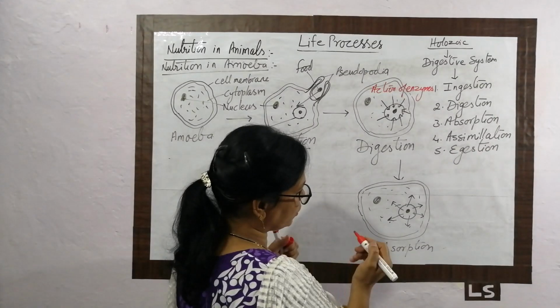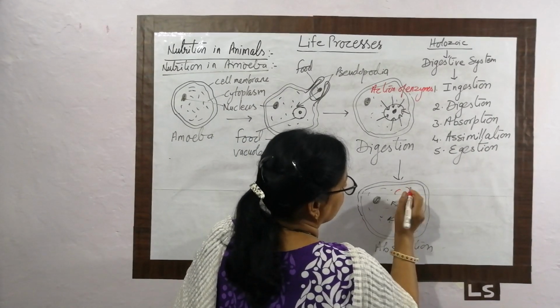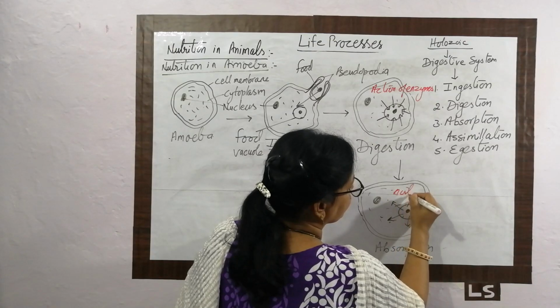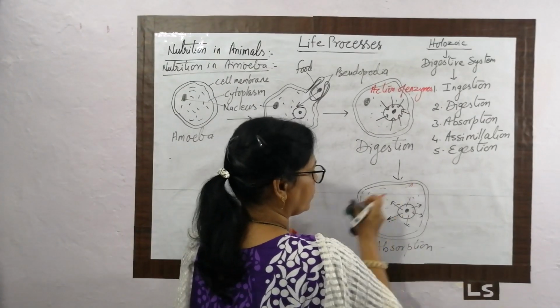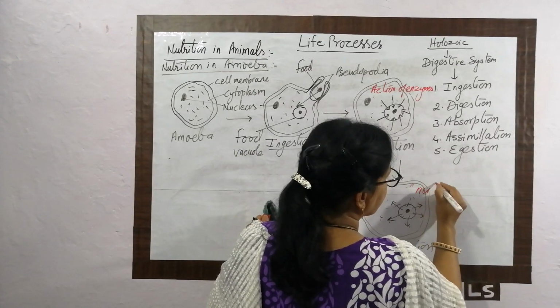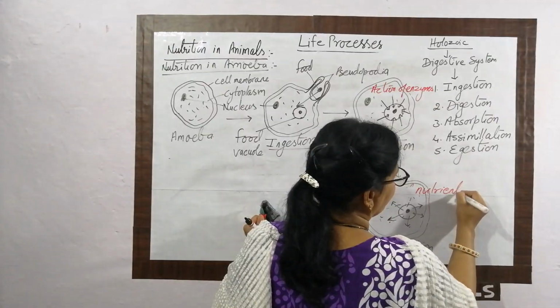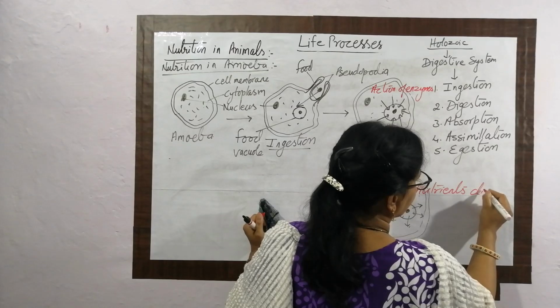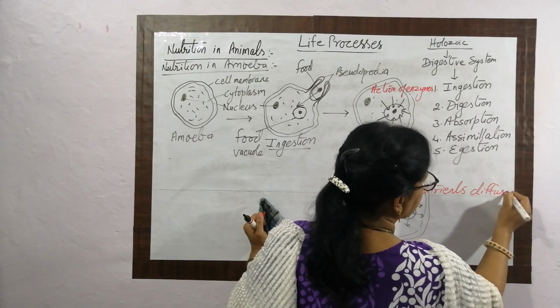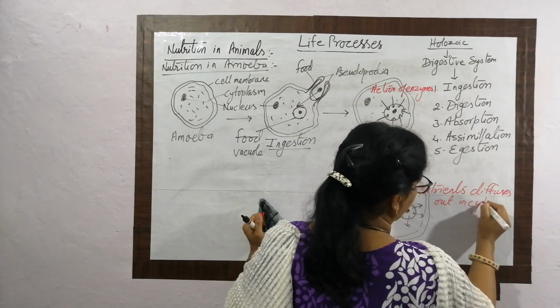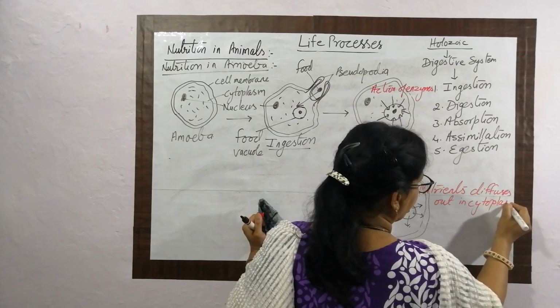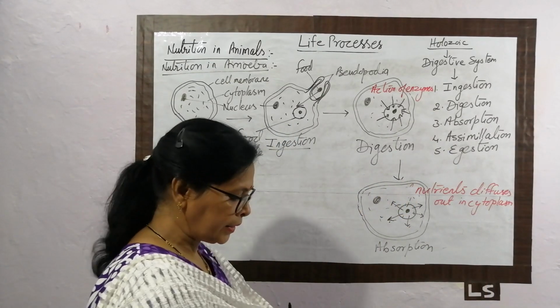So, what is the process going on? Nutrients diffuse out in the cytoplasm. Then what happens next?